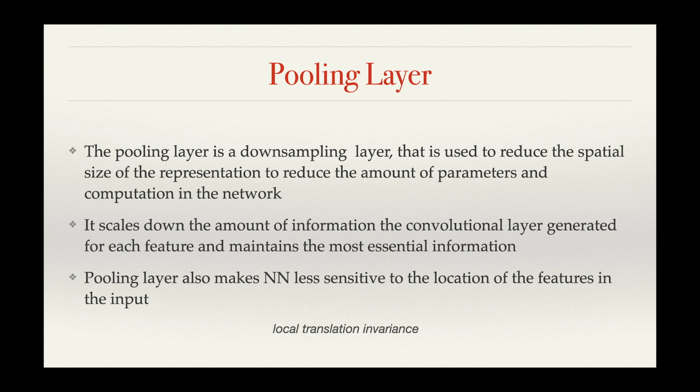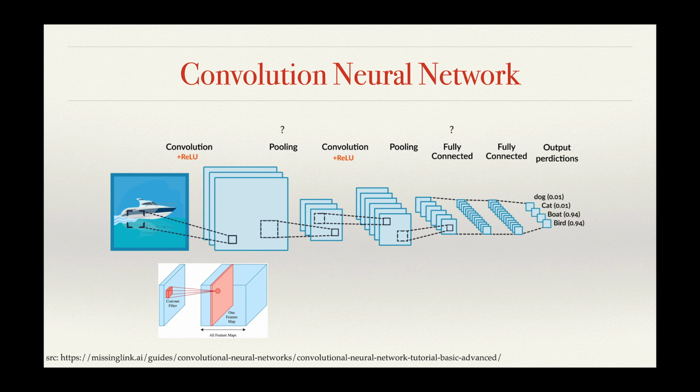We need to reduce the size of the images because with big images, if we have, let's say, 1000 by 1000, then we are doing a lot of convolution operations. That means, of course, we need large memory and large computational power, and so on. So the idea is basically to reduce the size of images as we go deeper and deeper.